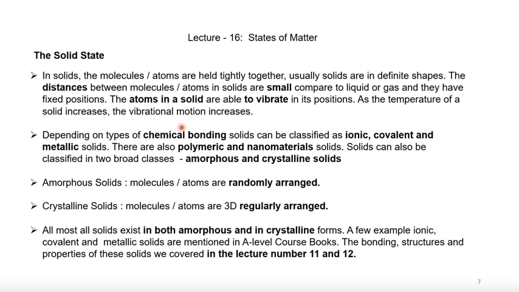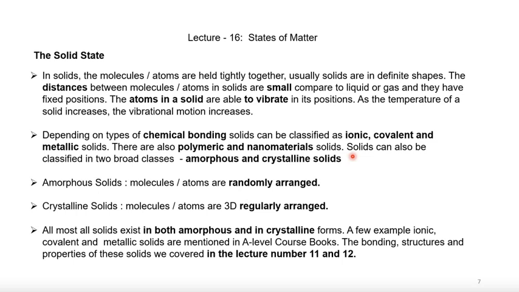Depending on chemical bonding, we have classified ionic, covalent, and metallic solids. Other than these, we do have polymeric solids and nanomaterial solids. One more thing, we have to classify solids in a broad classification: amorphous and crystalline solids.